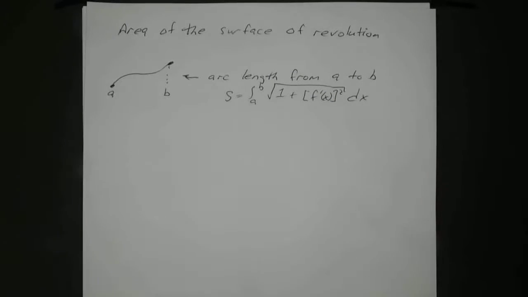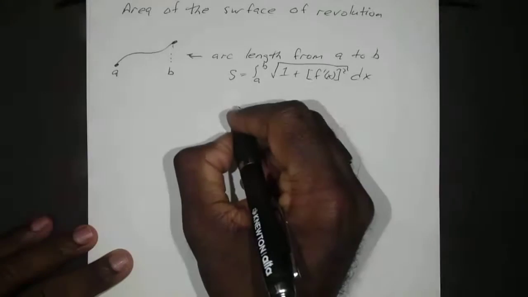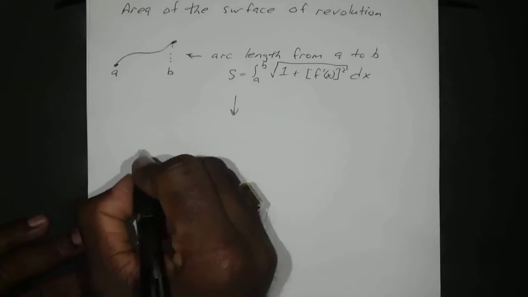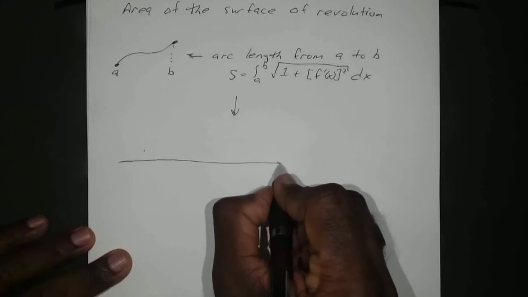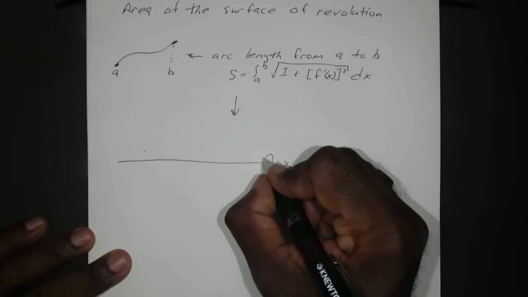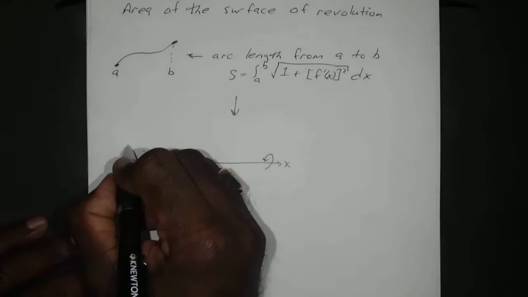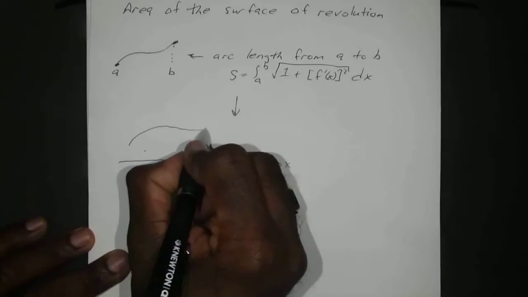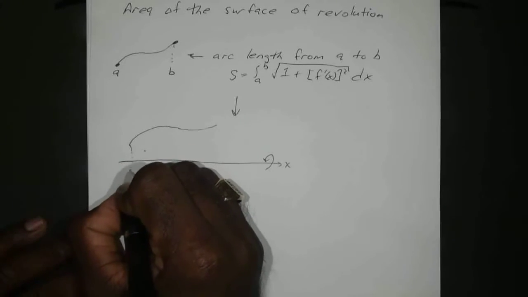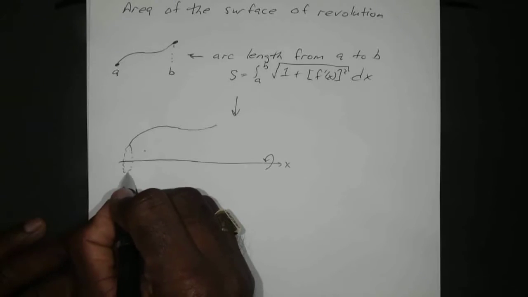Okay, so what we're going to do is we're going to get that shape, and we're just going to revolve it around the x-axis. Okay, so let's say this is your x-axis here, or your axis of revolution may not be the x-axis. So you have this original shape, and it kind of revolves around the x-axis.